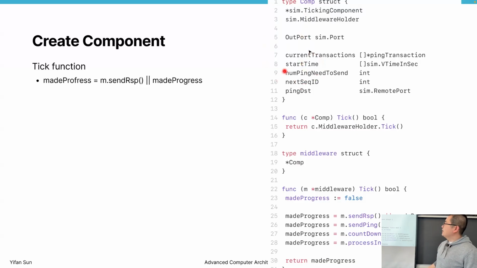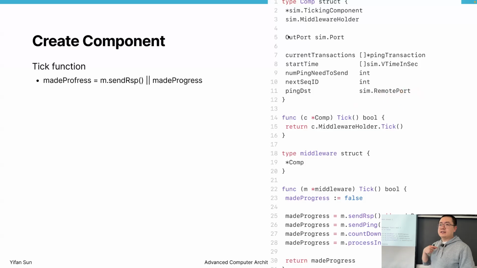There are some internal states. You can consider the internal states as the registers that belong to this particular component. So for example, we record current transactions, the start time of all the pings that we send out, the number of pings that need to be sent, the next sequence ID, and the ping destination. See, this destination is a remote port.